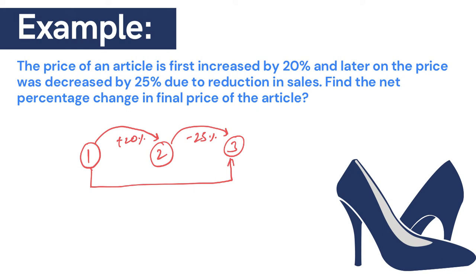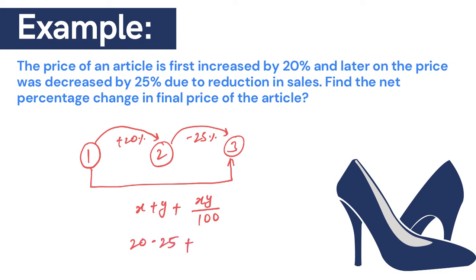This is what the question is asking. According to the formula, what was my formula? First change plus second change plus first multiplied with second divided by 100. So here X is 20, so I put here 20, and Y is minus 25, so I put here minus 25.